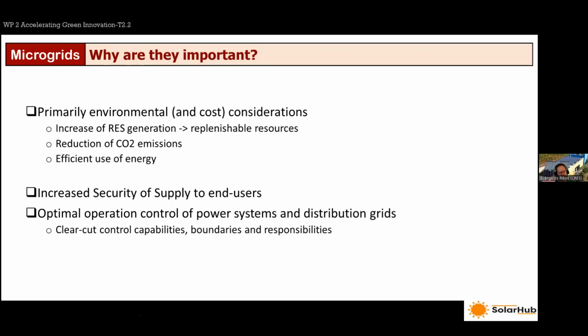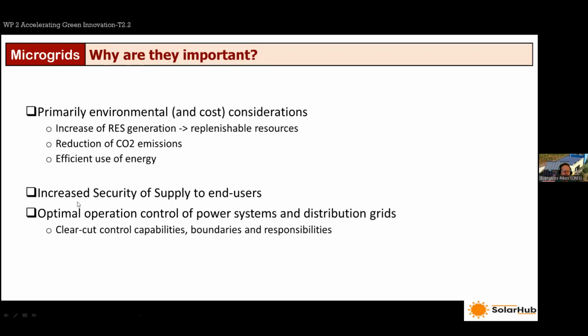For example, they enable the increase in renewable generation at distribution level, as I said, with a subsequent reduction in the CO2 emissions, because we phase out more conventional fossil fuel-based generators, and we make a more efficient use of the energy here, because we avoid some transmission losses, because generation and consumption happen locally here.